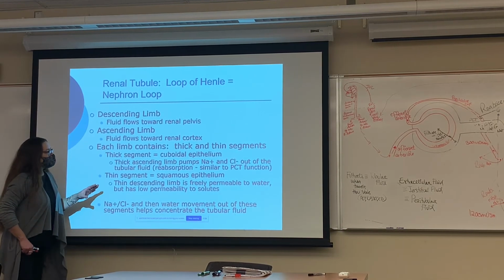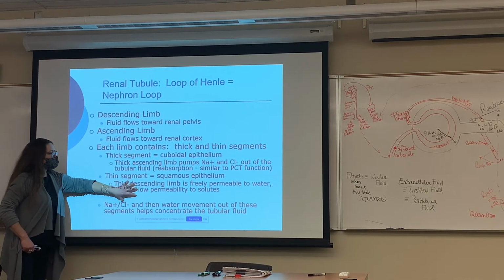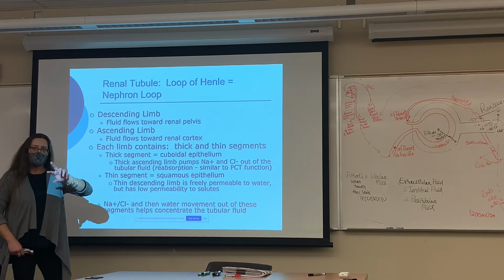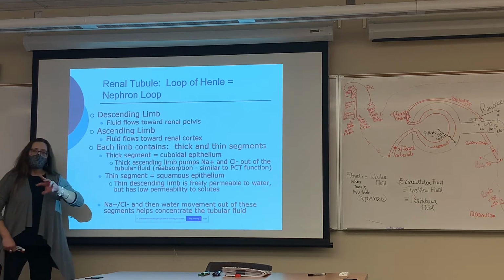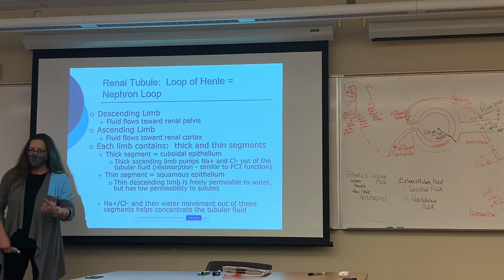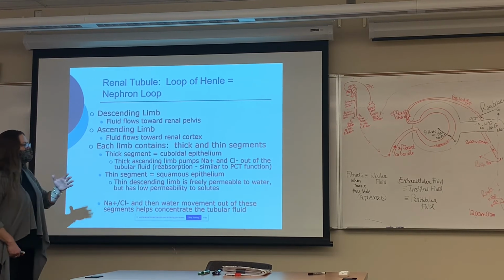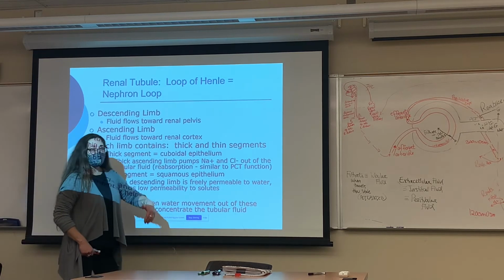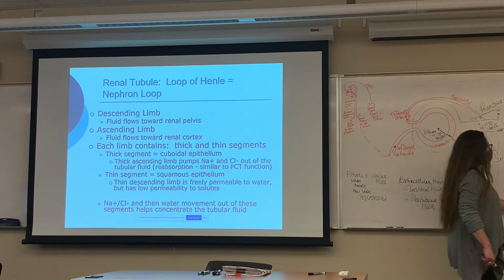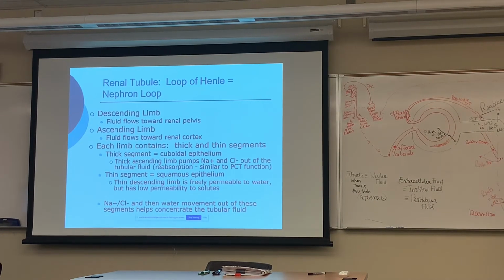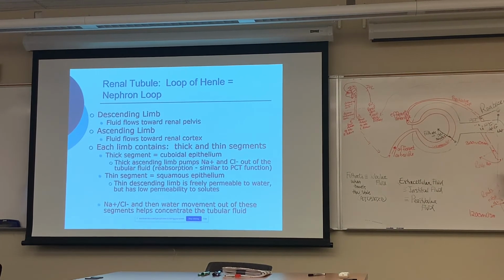The thick versus the thin segment will have different types of epithelia, and what's permeable in one area will not be permeable in the other. So some things can cross in the descending limb, and other things get reabsorbed at the ascending limb, because of different permeabilities and different types of epithelia. We will do that on Wednesday.